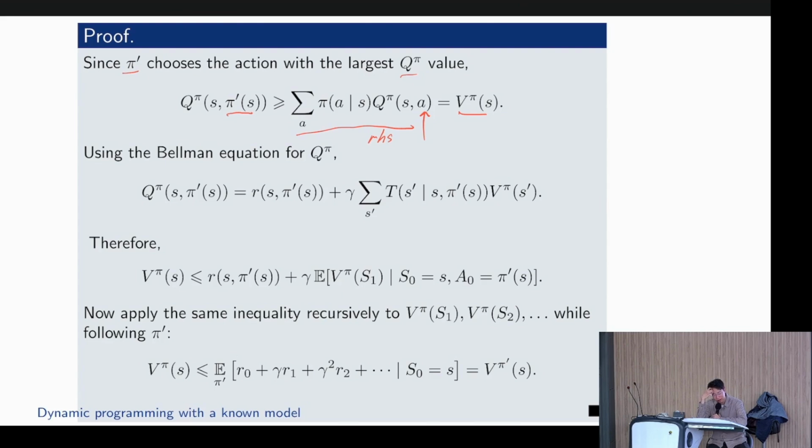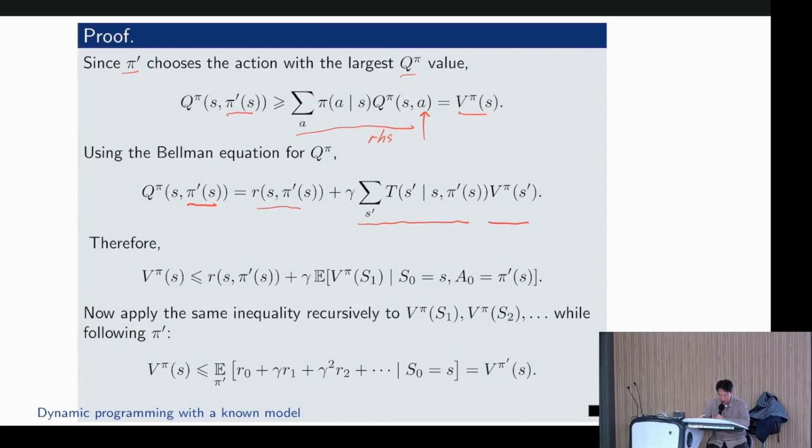And let's invoke the Bellman equation for Q pi. So Q pi of S and this specific action, pi prime, is the immediate reward plus discount times the expectation under the next state of the value of the next state.